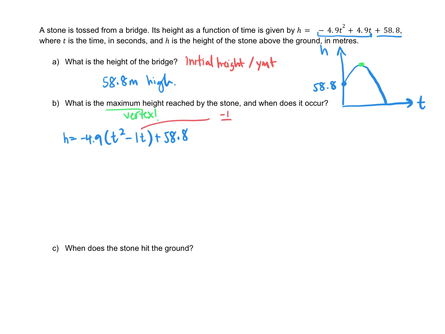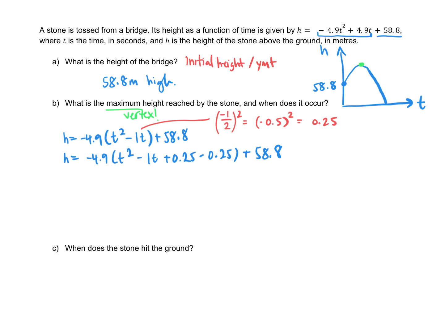Now we're going to take negative 1 divided by 2 and square it. Negative 1 divided by 2 is negative 0.5. And when we square that number, we do get positive 0.25. This is the magic number that will make this a perfect square trinomial. So I'm going to add it and subtract it because I don't actually want to change my equation and mess up the scenario.